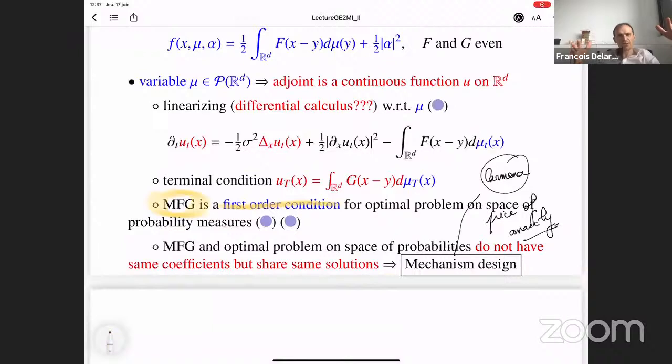So a potential game is a game for which the MFG system is precisely the Pontryagin system of a mean field control. As I told you, we cannot say that all the games are potential, but when they are potential, then we know that it's really meaningful to have a look at the minimizers of the mean field control.